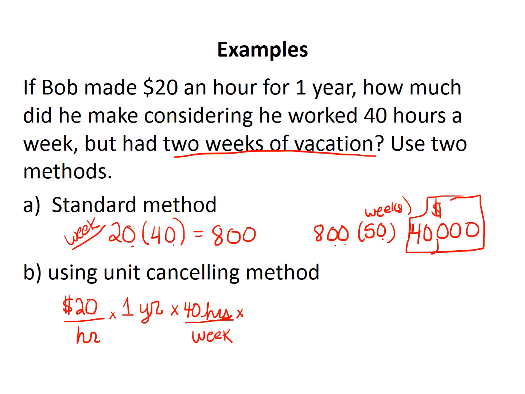All right, 40 hours a week means 40 hours per week, so we want to write it as a fraction. So right now, you can cancel any units in the bottom with any units in the top. We still have years and weeks, so we know that we need to make that conversion.